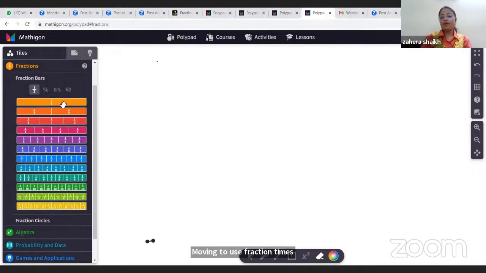Okay. Now, fraction is also one of the important topics to understand, because lots of students have misconceptions about fraction, right? And we think that a fraction is nothing but a number represented in two parts, right? But this is not the truth.